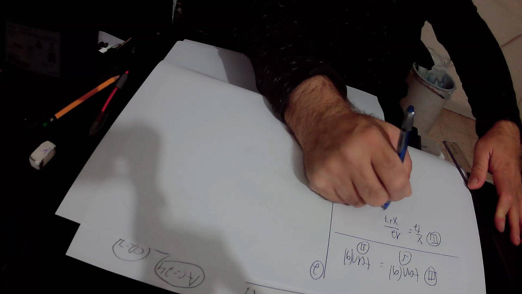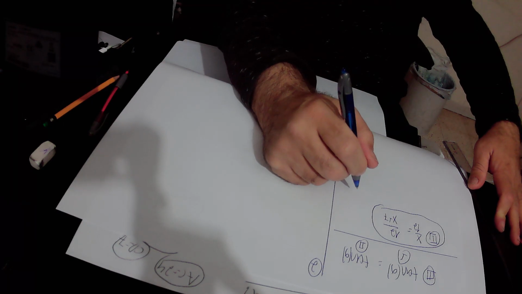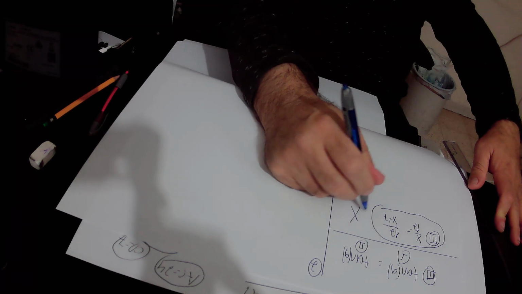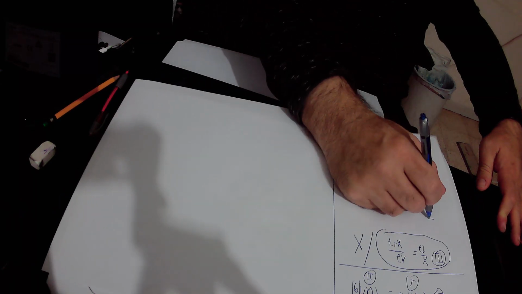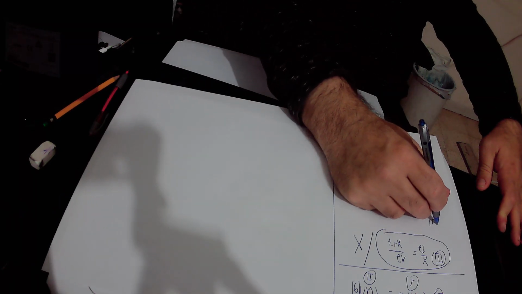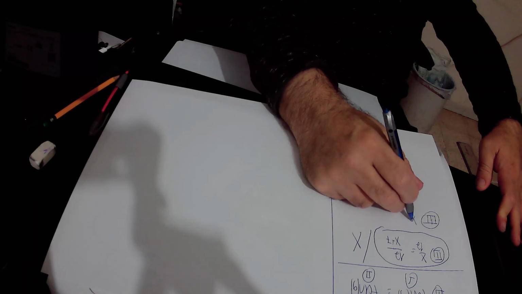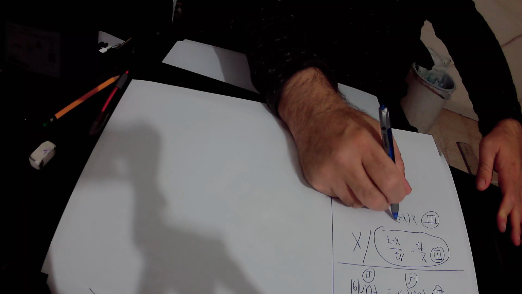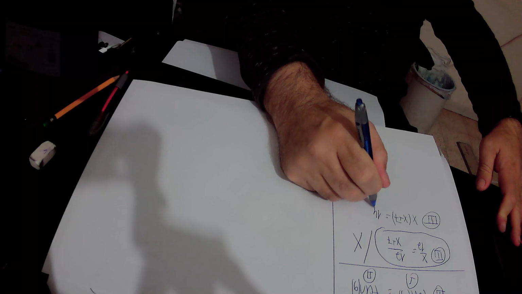So according to equation number 3, x over 12 equals 12 over x plus 7. We of course cross-multiply, and we get that x times x plus 7 equals 12 times 12, that is 144.